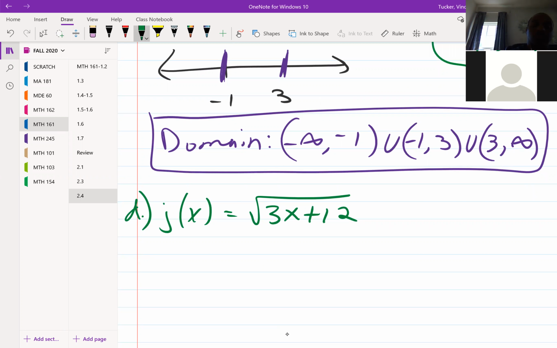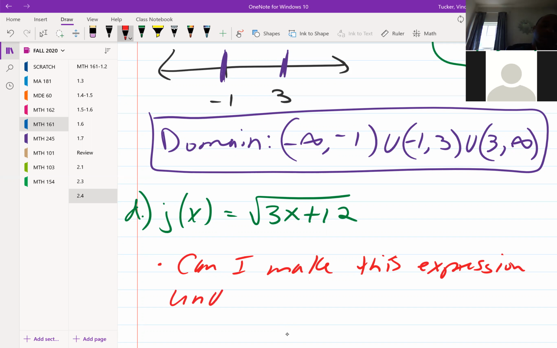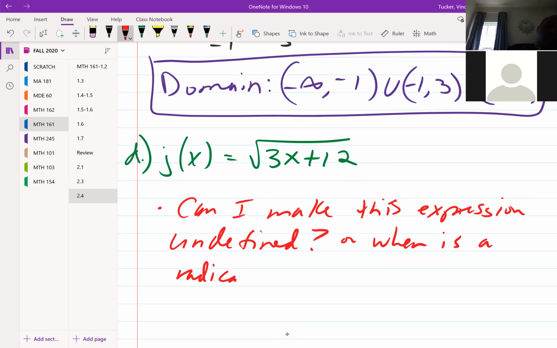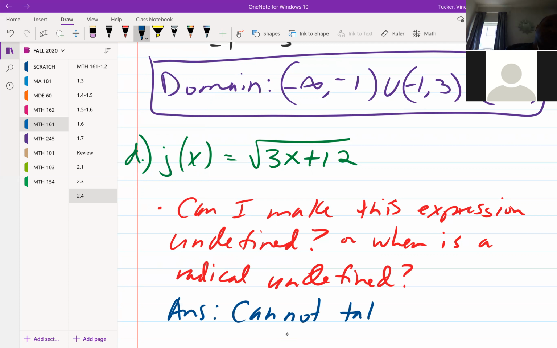So here, once again, we're asking ourselves, can I make this expression undefined, or you could say when is a radical undefined? So cannot take the square root.